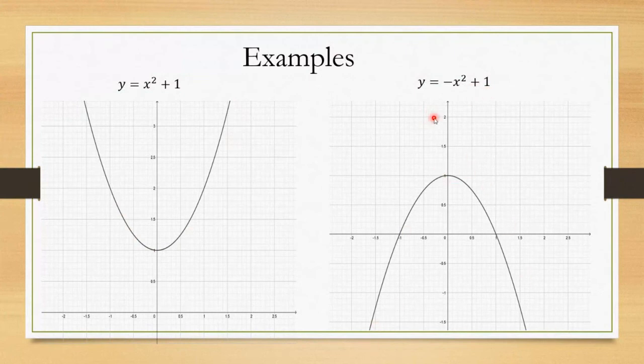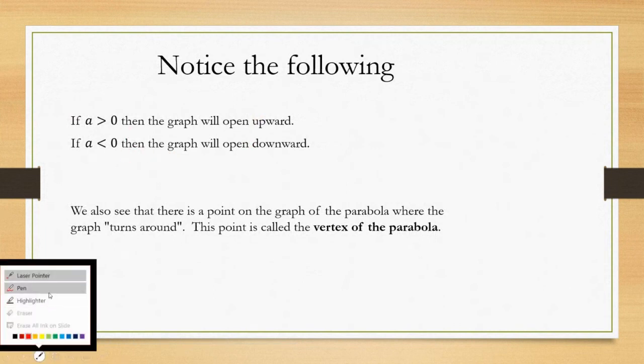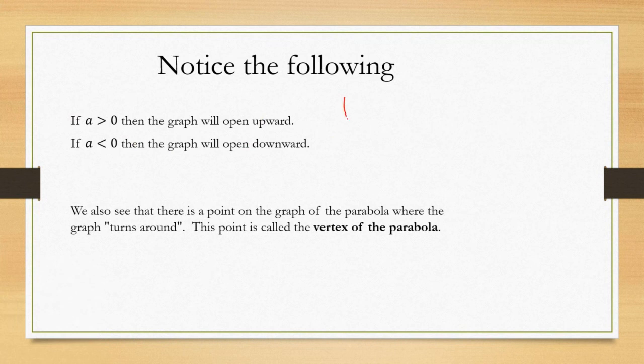That's actually no accident, because in general, if your a is positive, the graph is going to open upward. So here's what happens when a is positive. I want to draw the arrows in. On an exam, if you don't have the arrows drawn, that's okay. I'm not going to get that strict.